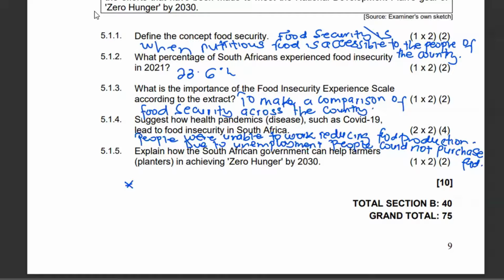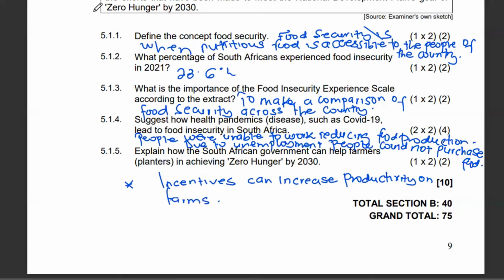One, they must set up incentives that can increase productivity on farms, and also provide modernized farming equipment.